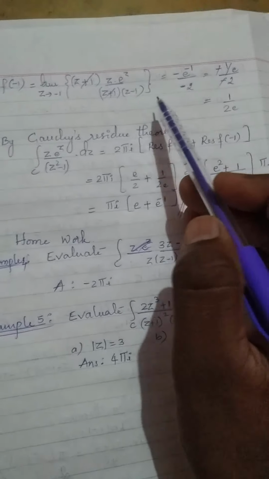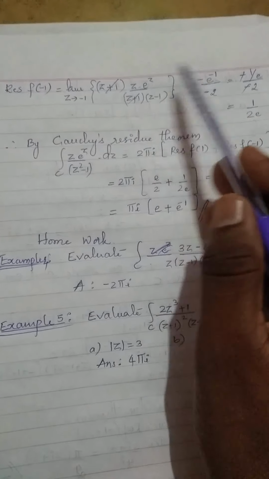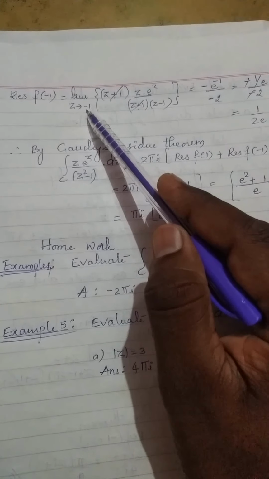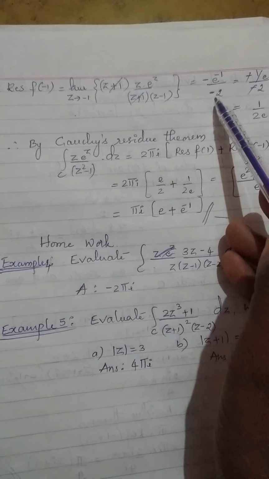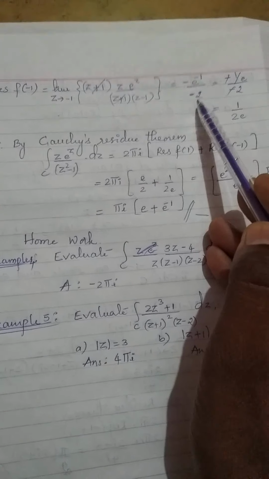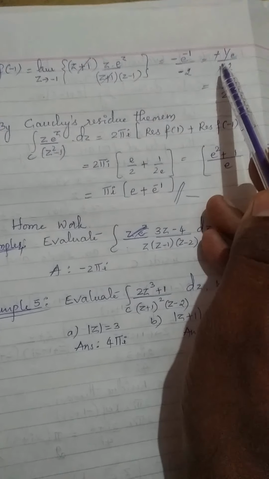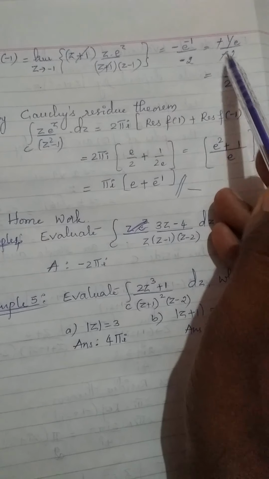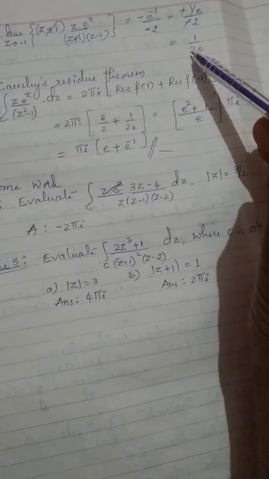Therefore here z plus 1 and z plus 1 get cancelled. If you put z equal to minus 1, we get minus 1 into e raised to minus 1, divided by minus 2. So this implies 1 divided by e, divided by 2. The minus signs get cancelled, and only 1 divided by 2e remains.